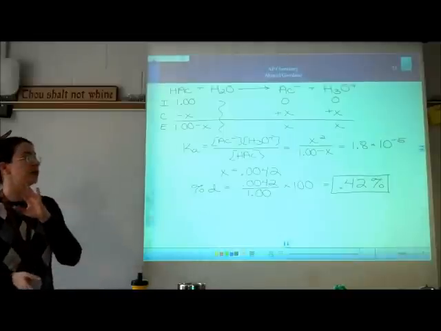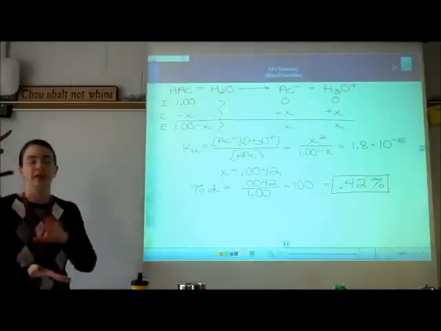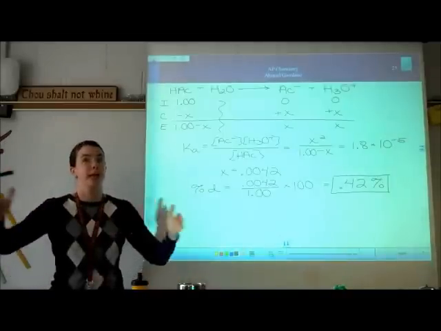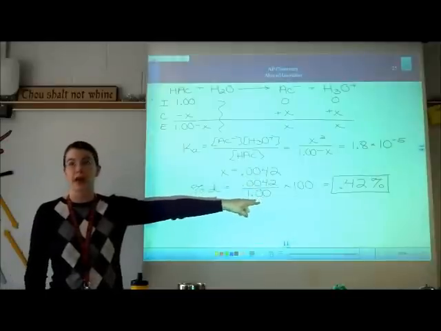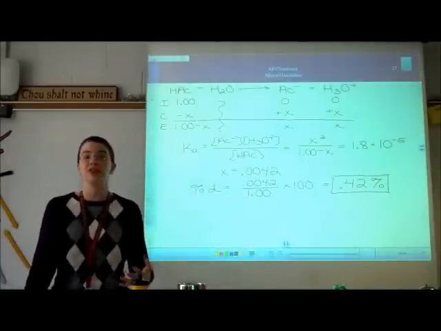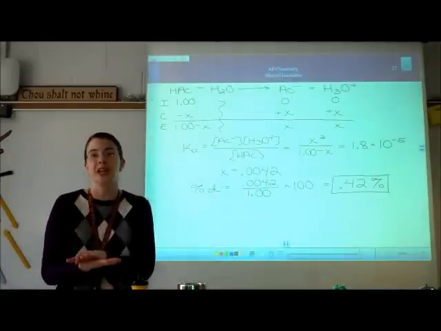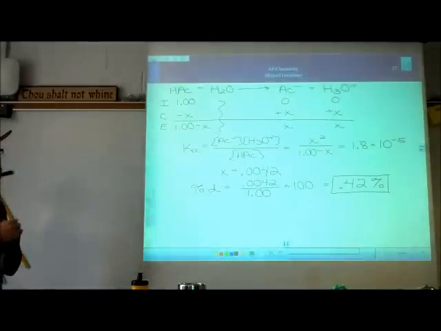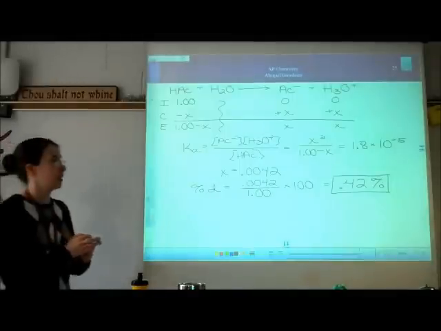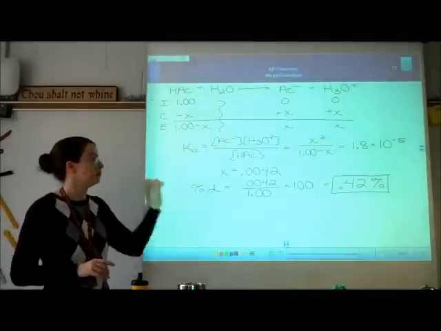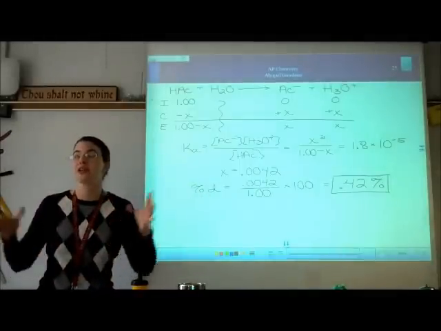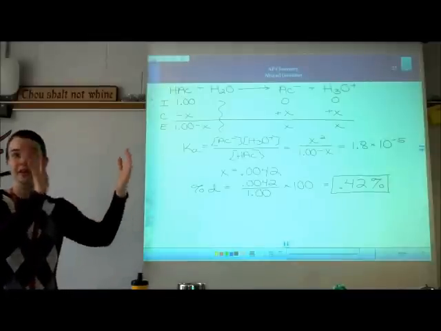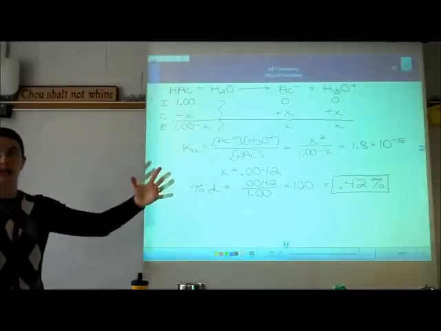Okay, guys, when I say the difference between a strong acid and a weak acid is a big difference, that's what I'm talking about. A strong acid dissociates 100%. A weak acid, much, much, much less. That means 99.58% is staying together as acetic acid and is not breaking apart.